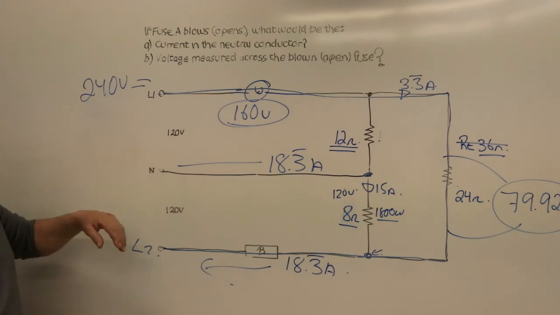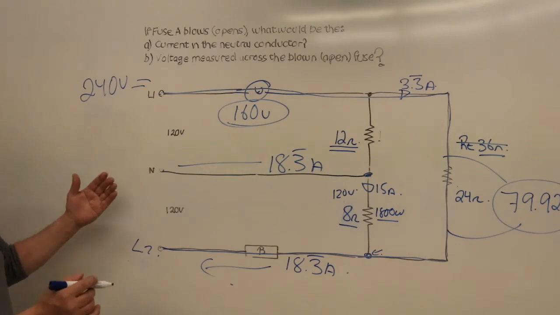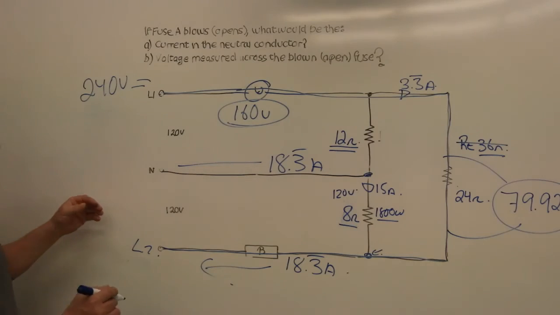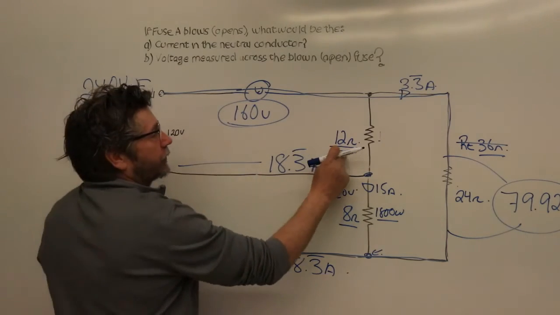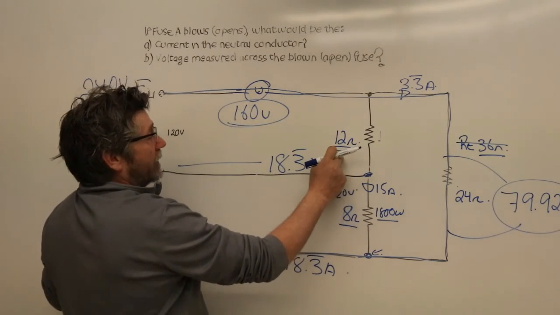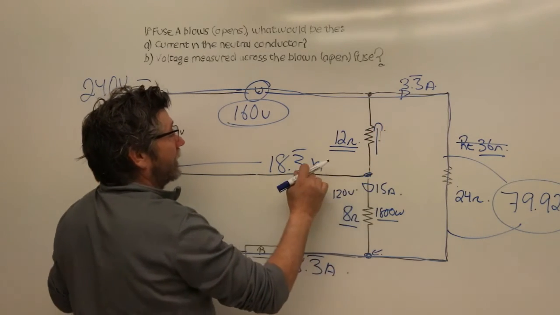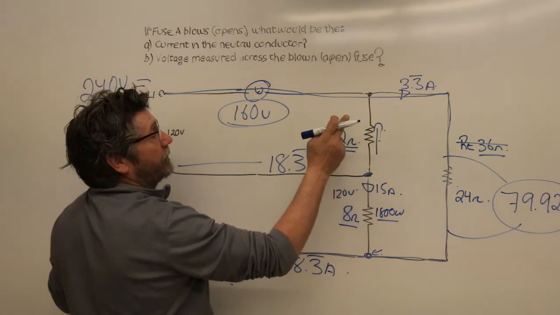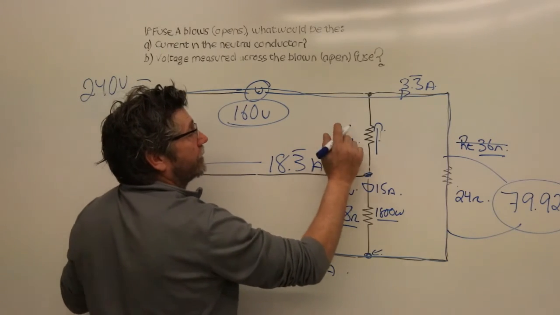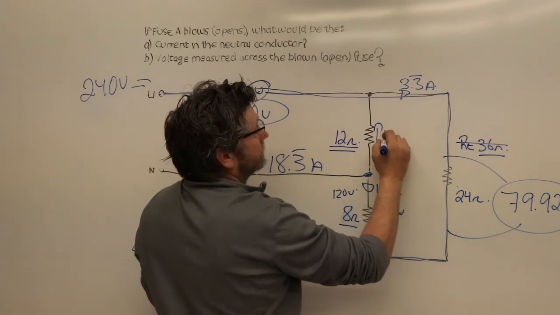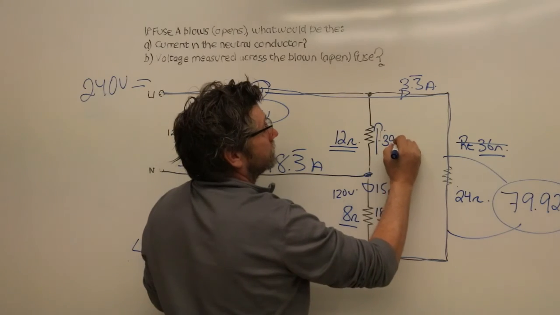So that's the way we do it. It also works any way you do it. So with 120, let's get the voltage drop here. You have to remember that my current is going a different way there. What's 3.3 repeating times 12? 39.96.